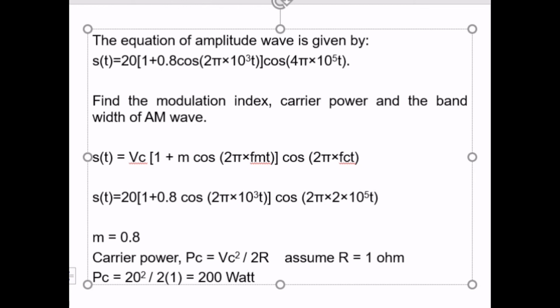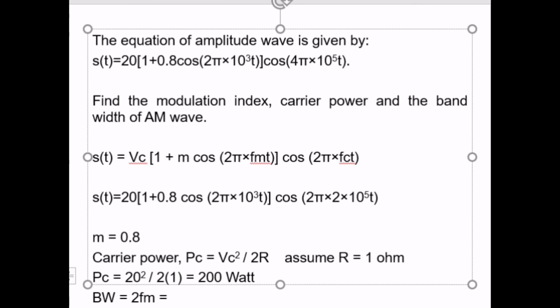And lastly is the bandwidth. So bandwidth, you can use this equation, 2 times fm, 2 times the frequency of the modulating signal.